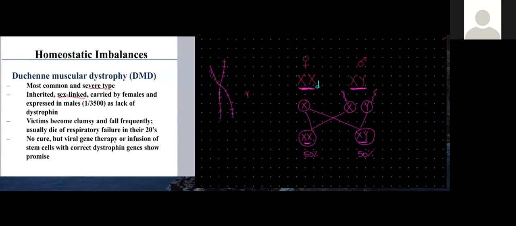If a female has a defective gene only on one of the two X chromosomes, because each female has two, then in order for her to manifest the disease, this gene needs to be present on both chromosomes, which is very unlikely, as we're going to see in a minute.